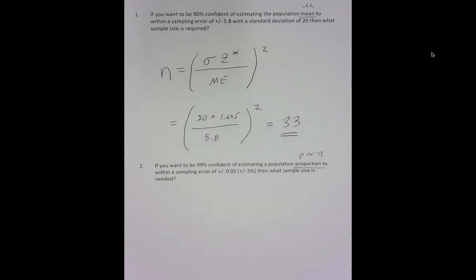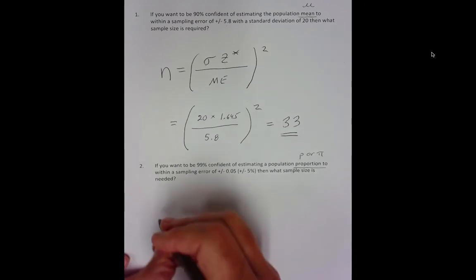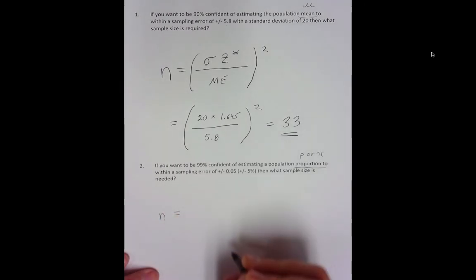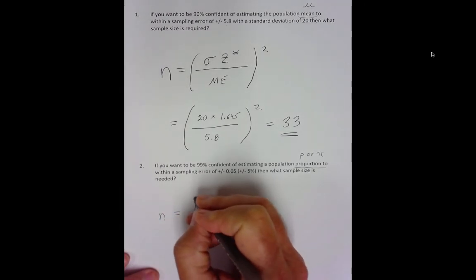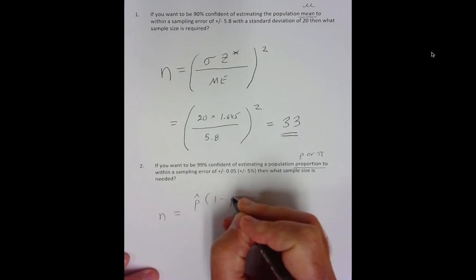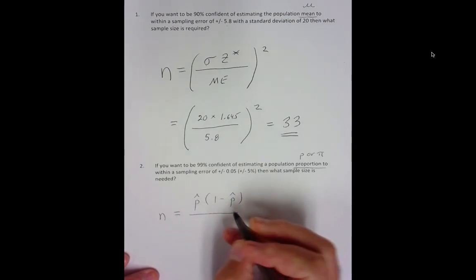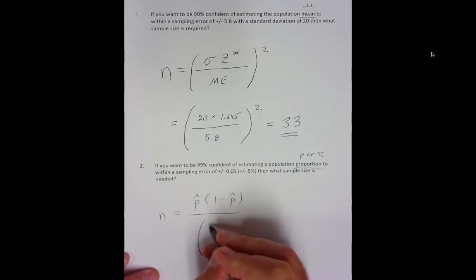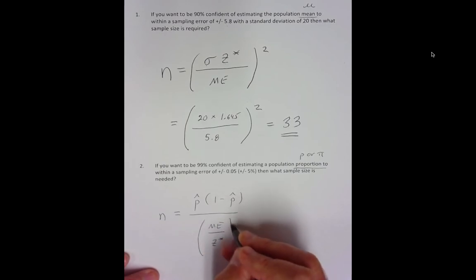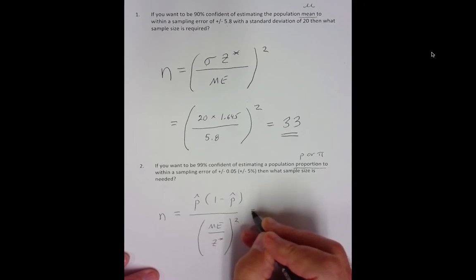I'm going to go back into my notes, and I'm going to see that, again, importance of keeping a notebook. Hint, hint. N can be found by taking P hat times 1 minus P hat over the margin of error over Z critical, all of this squared.